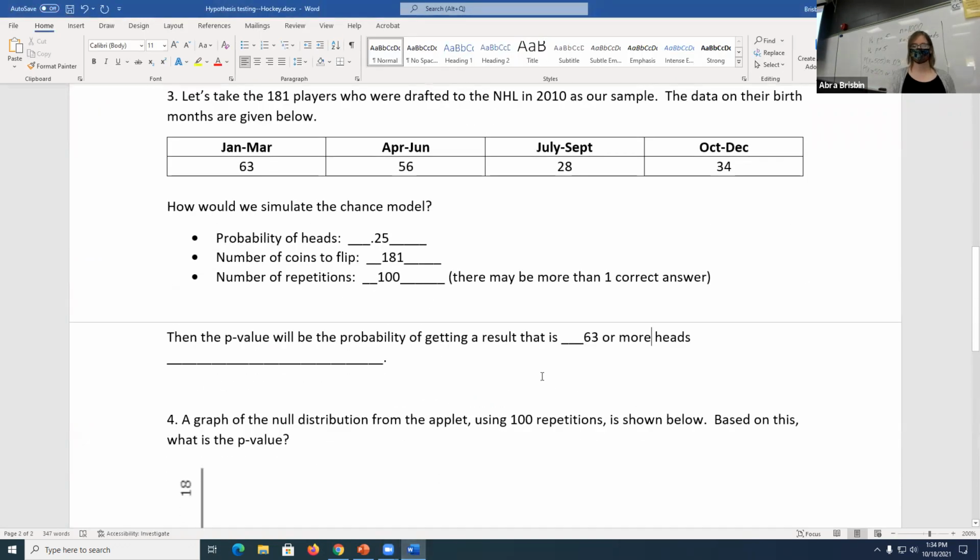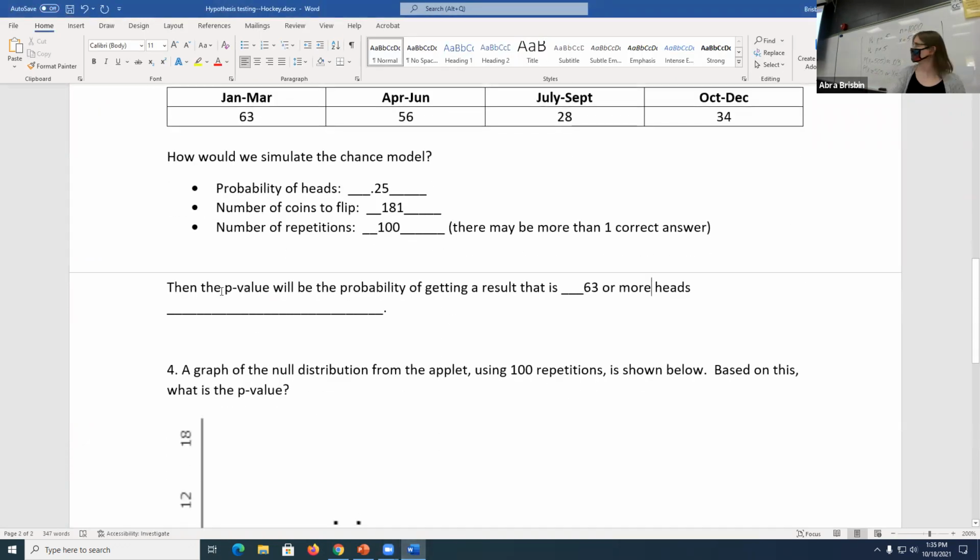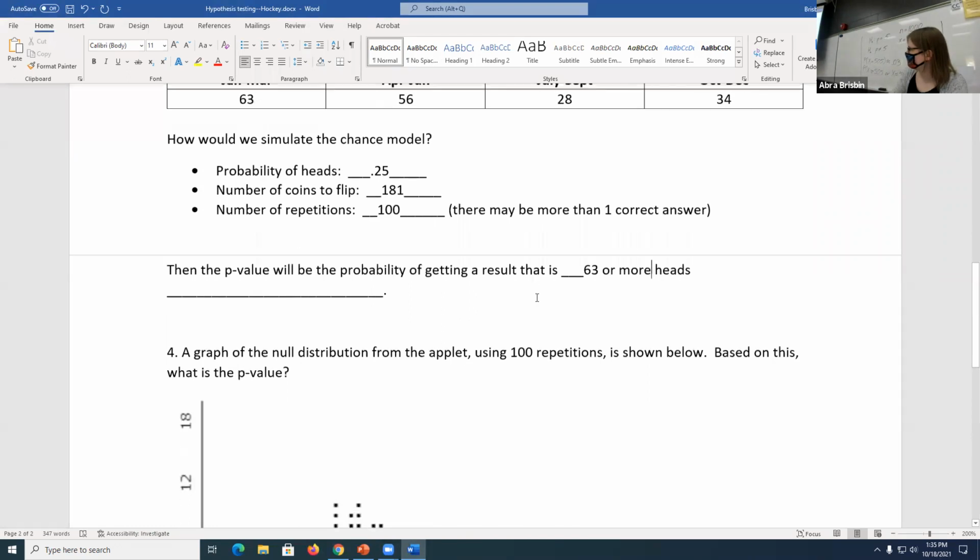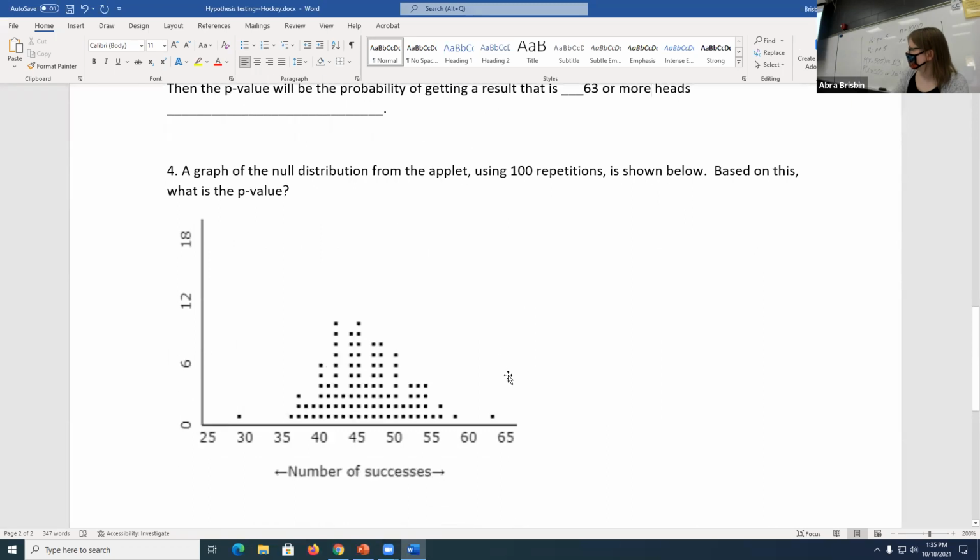So then, using this idea that the p-value is the probability of getting a result that is 63 or more heads, what is our p-value from this graph?